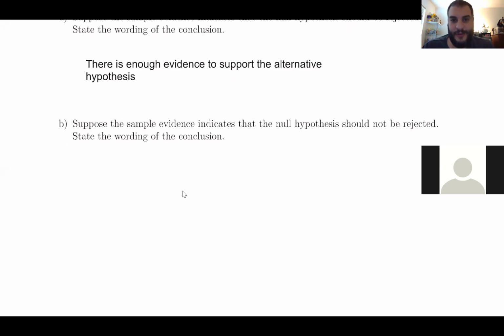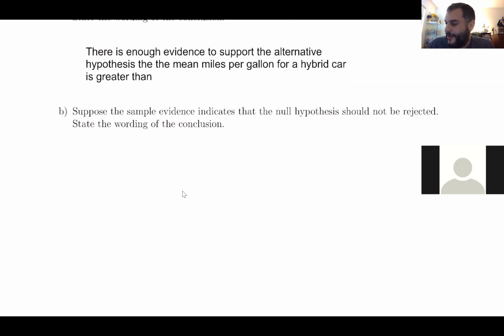You usually want to state what the alternative hypothesis is. So we're going to put there is enough evidence to support the alternative hypothesis that the mean miles per gallon for a hybrid car is greater than 50.